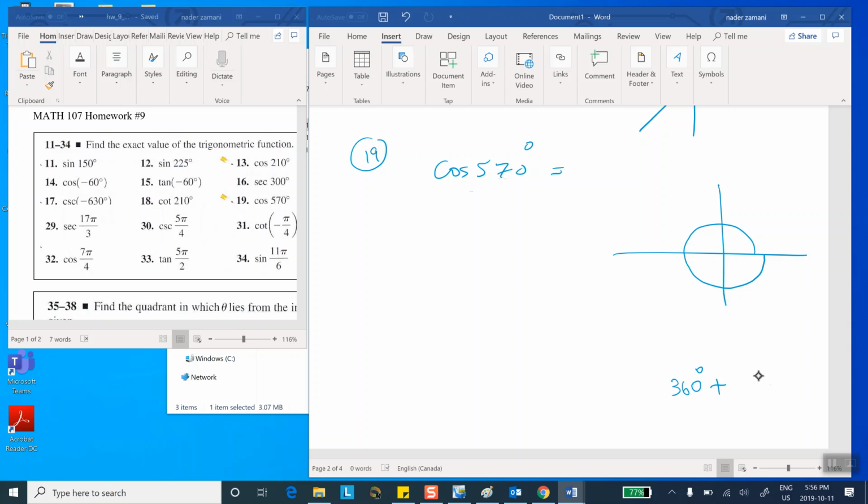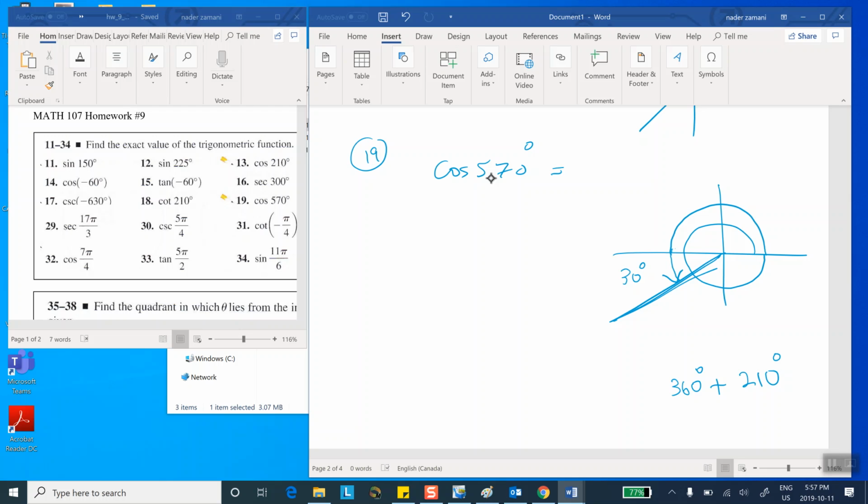So it's going to be 210, correct? Yeah, good. So you go 360, and then you continue going by 180, and then you go by 30 degrees, right there. There's the terminal angle. As you go around 180 and 30, you end up with 210.